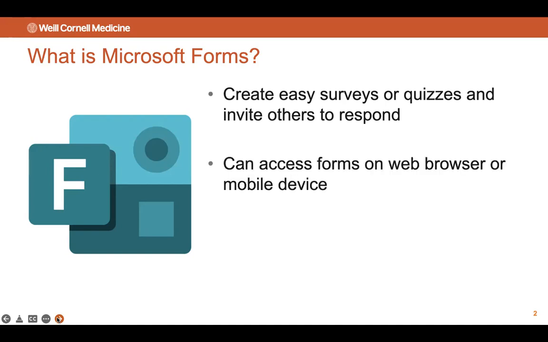So you can access your Microsoft Forms application on a web browser. If you're on your laptop and you have access to the internet, you can log into your Office 365 account and find Forms and create things from there. You can also create forms on the go using your mobile device. Forms is part of the Microsoft Office mobile app that you can download for free on an Android or an iPhone.